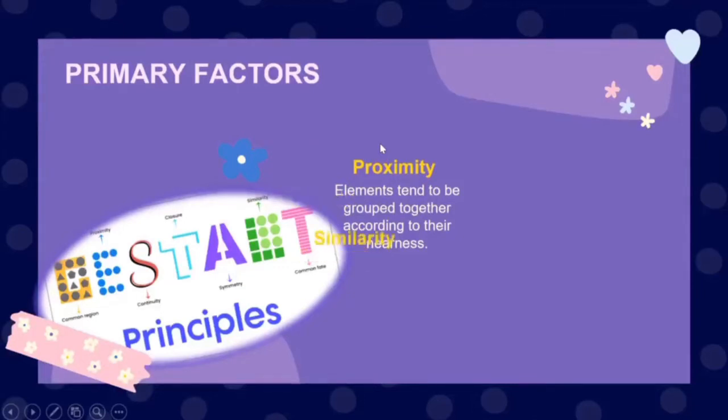So the next one is similarity. Items similar in some aspects tend to be grouped together. We tend to realize that it is the same, like from our past experiences.